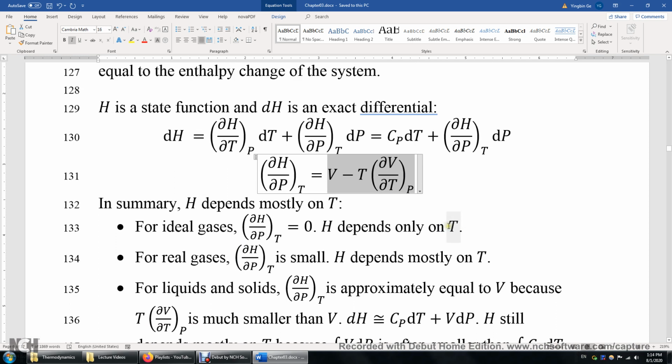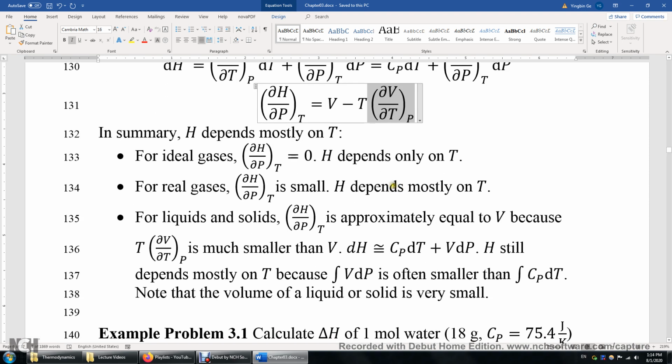For liquids and solids, this part is usually approximately just the volume, because the volume of liquids and solids does not change significantly when one changes the temperature. So this part is actually simply V times beta, where beta is the isobaric thermal expansion coefficient.